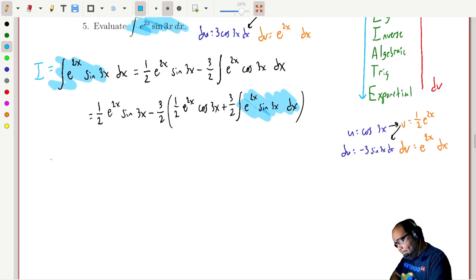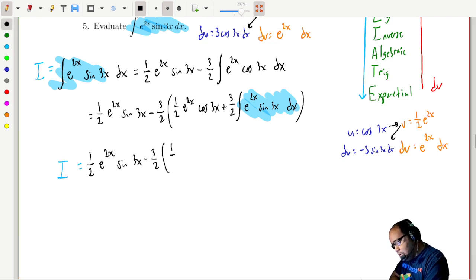Rewriting the equation, we have I equals 1/2 e to the 2x sine of 3x minus 3 over 2 times 1/2 e to the 2x cosine of 3x plus 3 over 2 I. Okay, just keeping the colors there so we can all see.